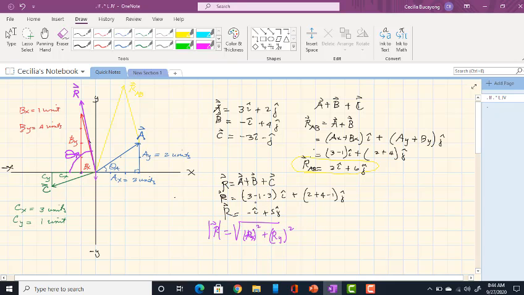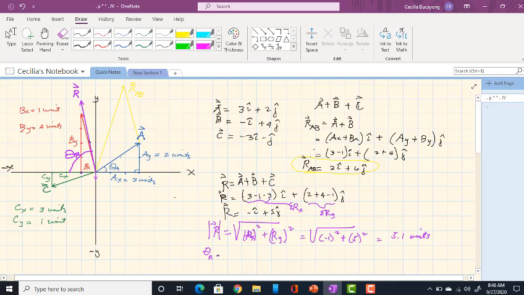Our rx and ry, by the way, are these values. This is equal to the summation of all the rx and all the ry along the y-axis direction or components. So this is equal to negative 1 squared plus 5 squared. This is approximately equal to 5.1 units.